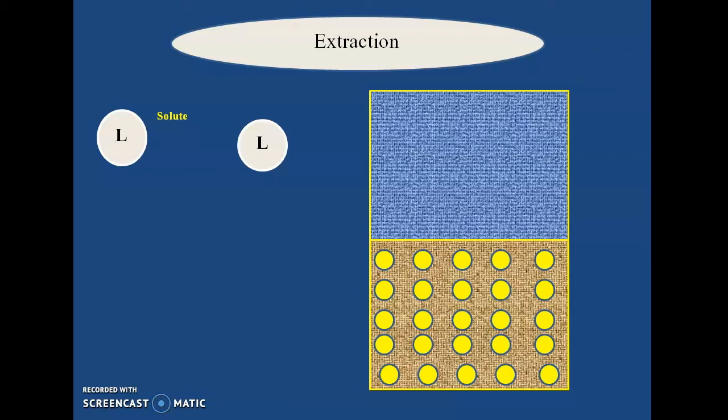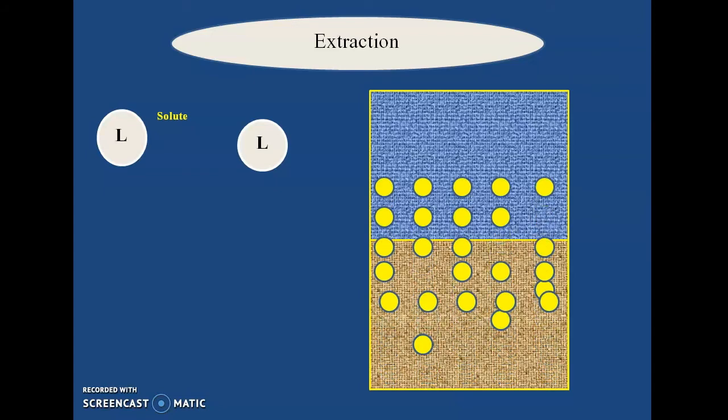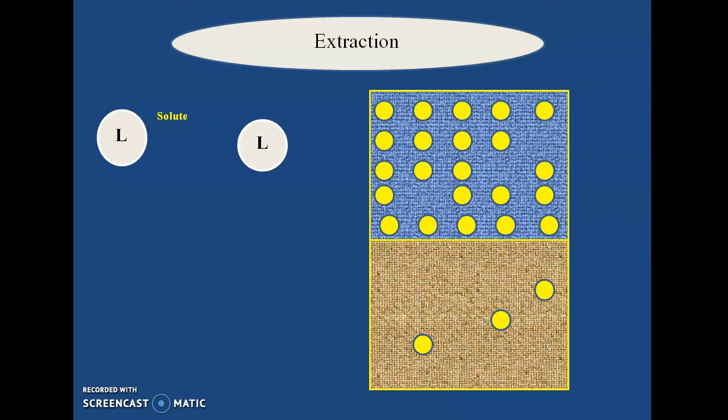The blue color solution represents the solvent selected for extracting these yellow color particles from the liquid mixture. When these two liquids are brought into contact, the yellow color particles transfer from the feed solution to this solvent phase. So in this way, extraction takes place between liquid and liquid.